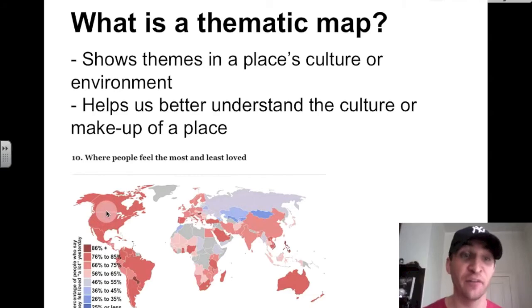Is it because the governments are better and more stable? Is it because more people in these countries have some type of religion that helps them better process love? Is it because there's been less conflict and war? So we can ask all of these historical questions based on the patterns that we find in thematic maps.